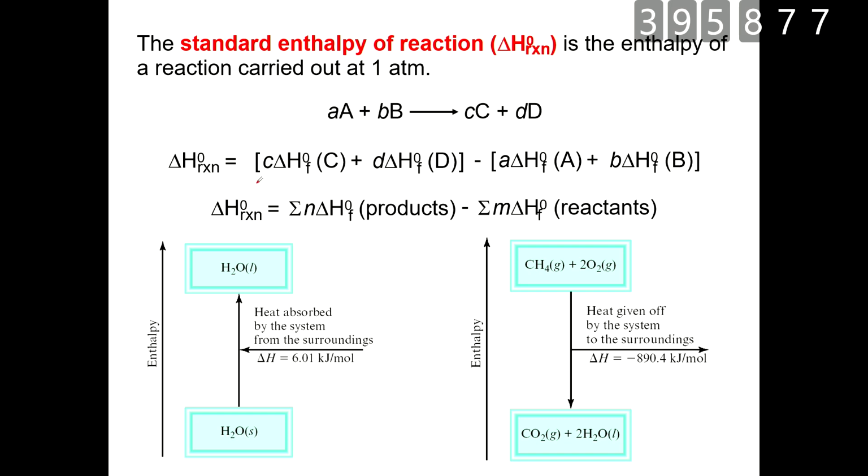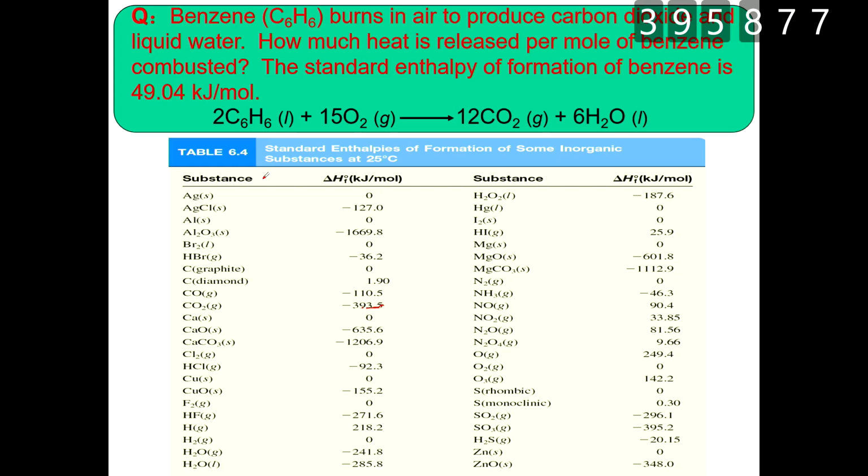So this equation. These are the products, and then these are the reactants, right? Coefficient of CO2 is 12, multiplied by the value for C, we found it's this, right?